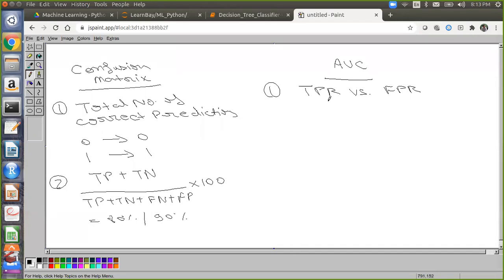True positive rate is when 1 is predicted as 1, and false positive rate is when 1 has been predicted wrongly. Now area under the curve doesn't care about zeros. It only cares about target variable 1. It always tells you about 1 being predicted as 1 and this particular rate.